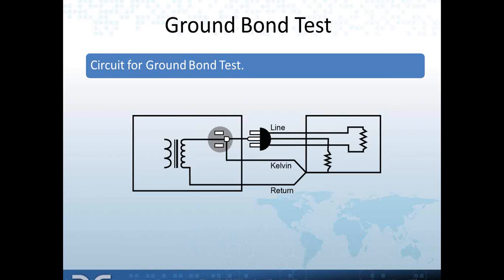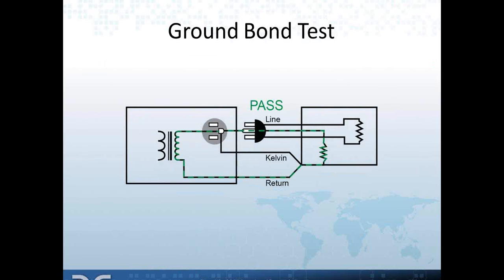Here's a basic circuit for ground bond and also ground continuity test. If you can see here, on the left side we have the ground bond tester, and on the right side is the product with a power cord being plugged in, and high current will be applied to the ground pin.